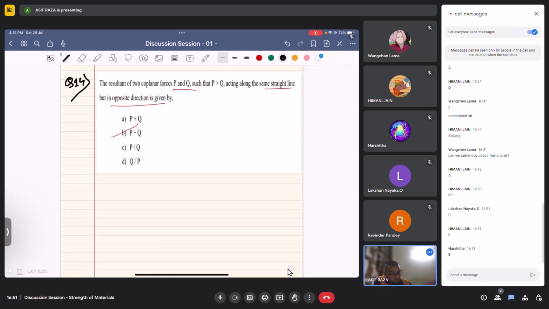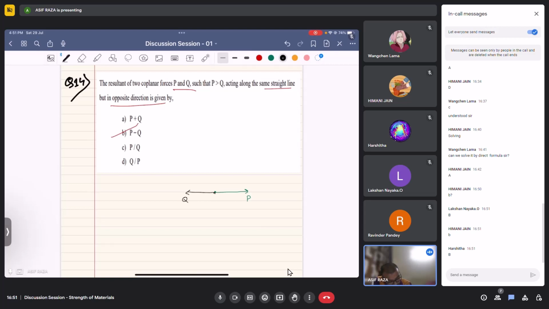Let's work it out as given in the question. Suppose P acts. Q is acting along the same straight line, but in the opposite direction of P. That means Q is acting like this.